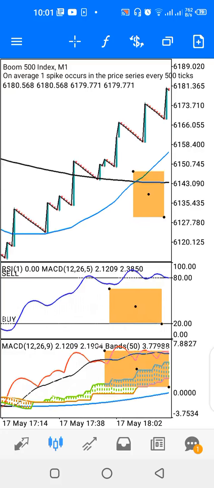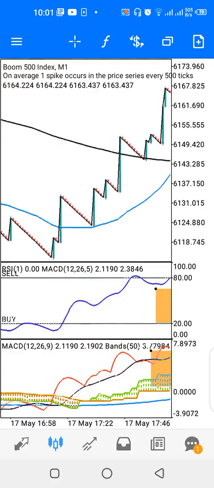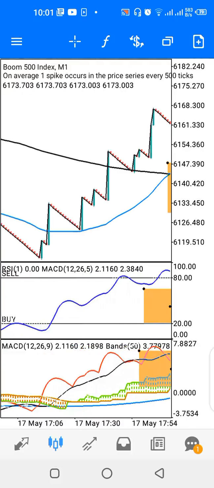Now to trade using this strategy on the main window, I have Boom index. Of course, Boom index will spike upward, so I will make use of the buy signals alone.